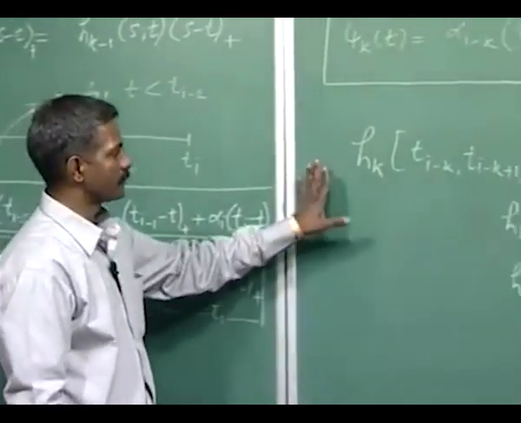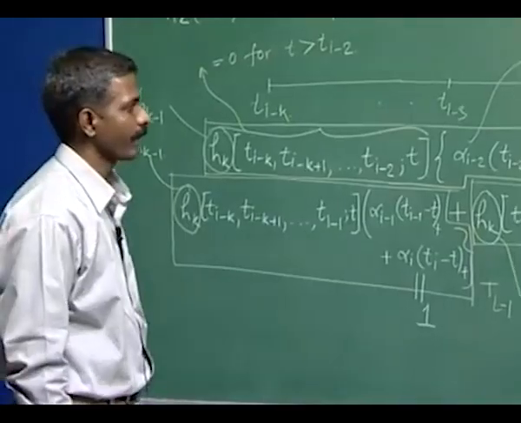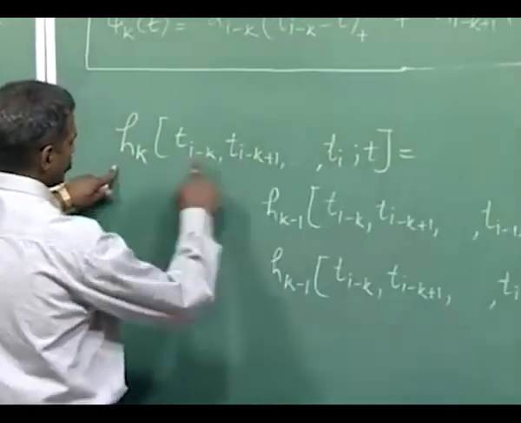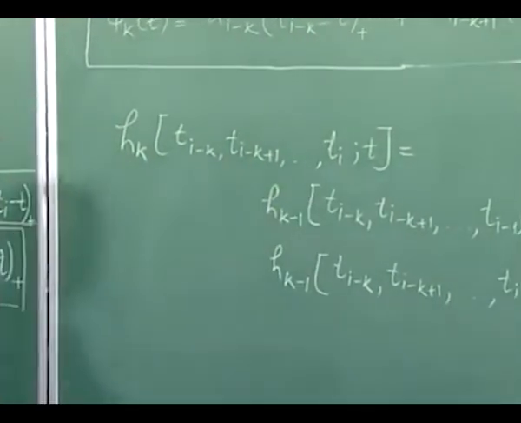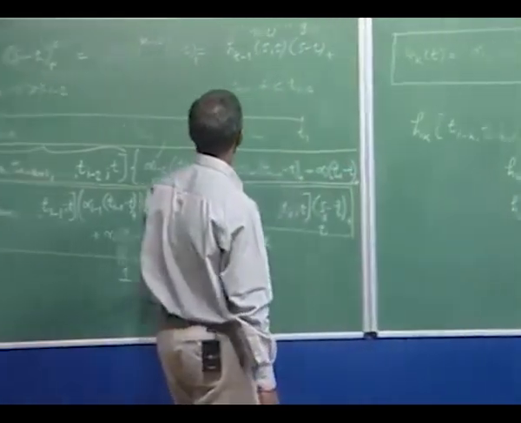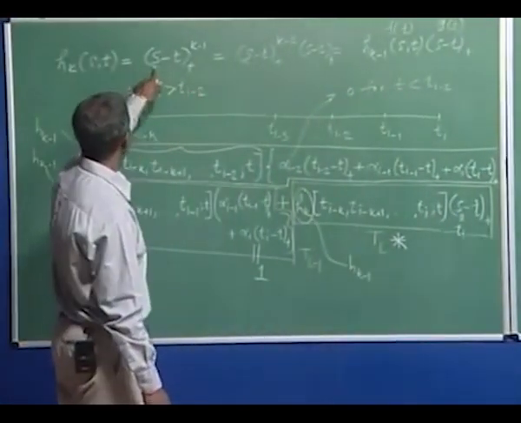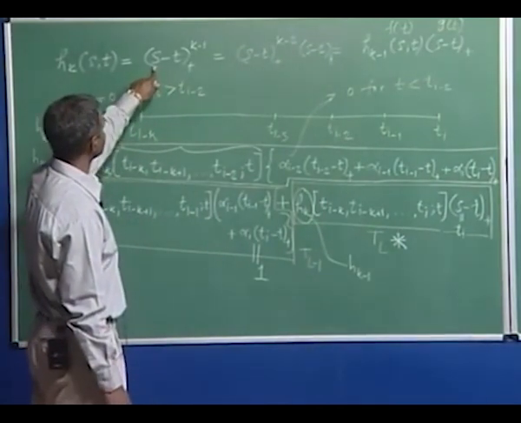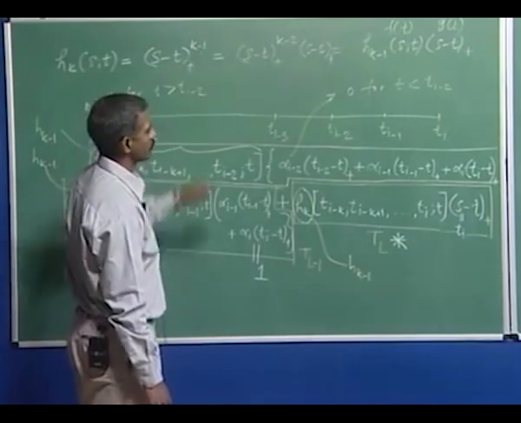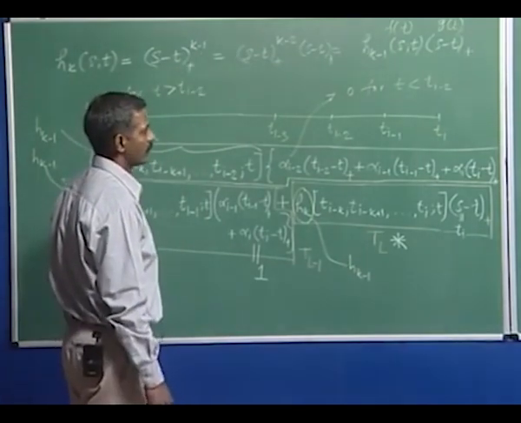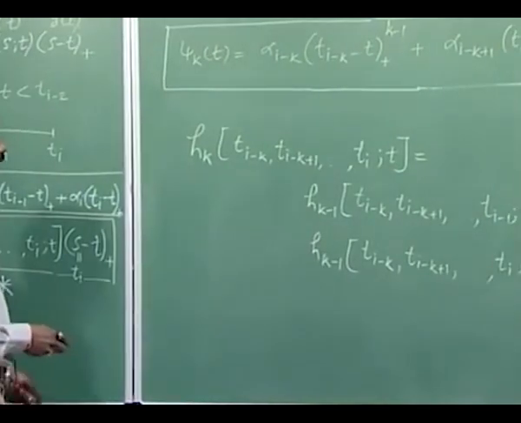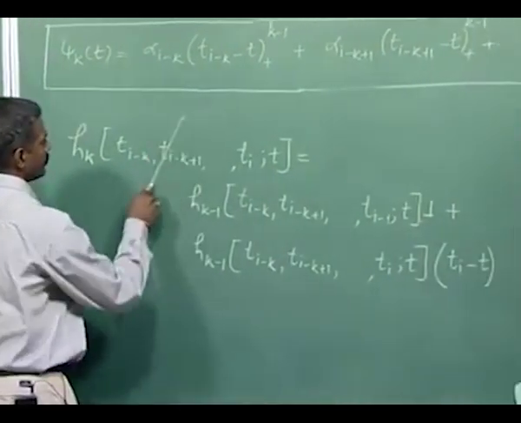Now coming back here, what would you say this is? This is the kth divided difference of the truncated power function of order k, or degree k minus 1. So by definition, this should be a spline.